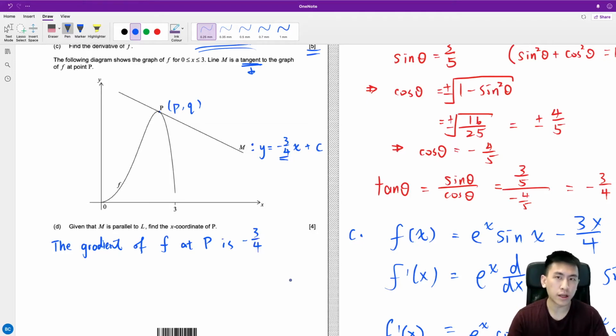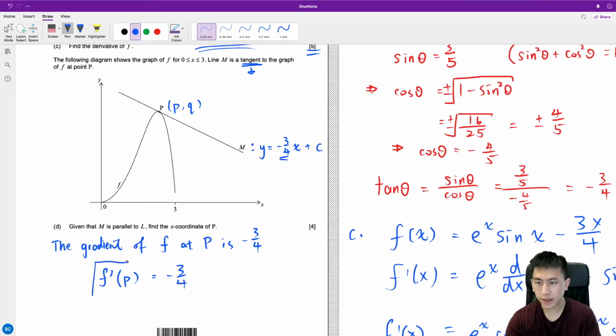I hope you know that if you differentiate the function, that exactly gives you the gradient function, right? So f dash, that means if you differentiate it and then put in P, at point P, it would equal minus 3/4. This would be how you're going to solve the whole equation.